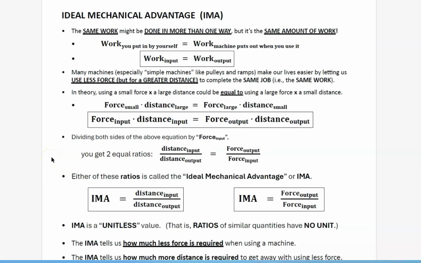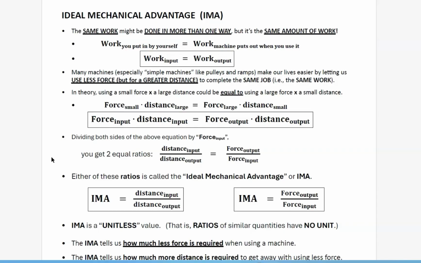And many machines, especially simple machines like pulleys and ramps and screws and wedges, make our lives easier by letting us use less force, but the trade-off is we have to use that smaller amount of force for a greater distance in order to complete the same job.